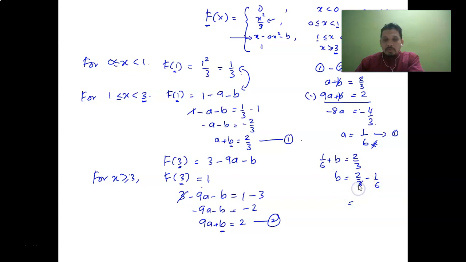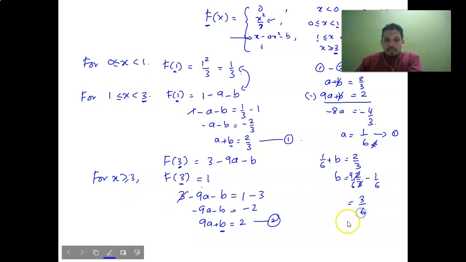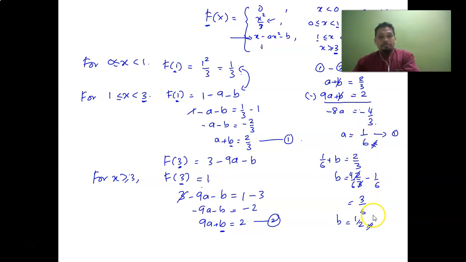Change this into fractions with the denominator of 6. So 3 times 2 equal to 6, 2 times 2 equal to 4. 4 over 6 minus 1 over 6, three over 6, or b equal to 1 over 2. So a is 1 over 6, b is 1 over 2.